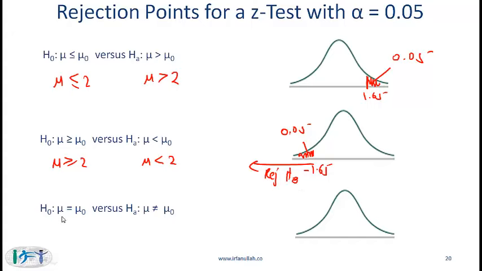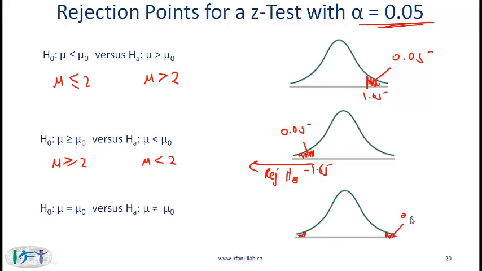And finally, this is a two-tailed test where mu is equal to mu naught. Remember, whenever you have a plain equal to sign in the null, that means that you are working with a two-tailed test. So in this particular situation, still with a significance of 0.05, we have 0.05 that is now divided between the two tails.